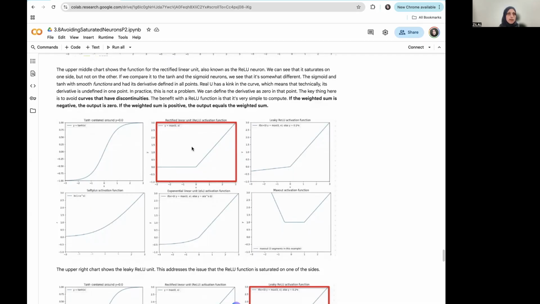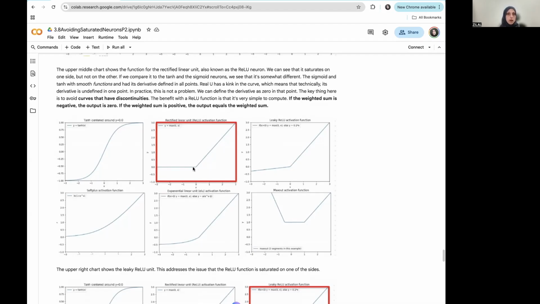The sigmoid and the tanh are smooth functions and have their derivative defined at all points. ReLU has a kink in the curve, which means that technically its derivative is undefined at one point. But in practice, this is not a problem. We can define the derivative as 0 at that point. The key thing here is to avoid curves that have discontinuities.